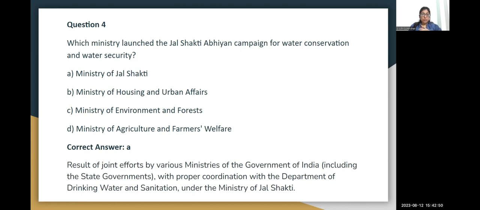As of now, we have looked into two ministries. One is the Ministry of Housing and Urban Affairs, which is deciding the water limit for urban areas and rural areas. We checked that one question related to the Ministry of Housing and Urban Affairs. Now here, the Jal Shakti Abhiyan campaign was launched by the Ministry of Jal Shakti, and this campaign is focusing on water conservation and water security.